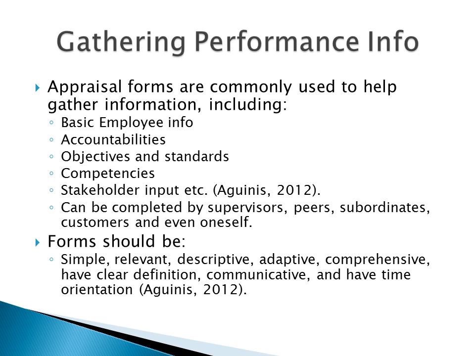So the next section we'll be talking about is gathering performance info. This can be done by using appraisal forms, which can provide basic employee info, accountabilities, objectives and standards, competencies, stakeholder input, etc. And then the appraisal forms can be completed by supervisors, peers, subordinates, customers, or even oneself.